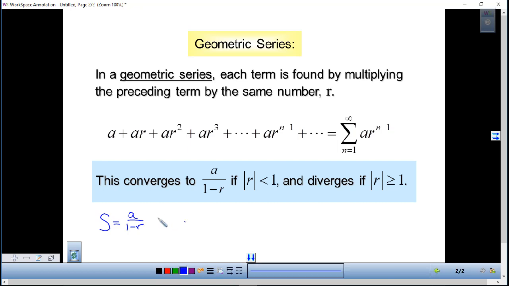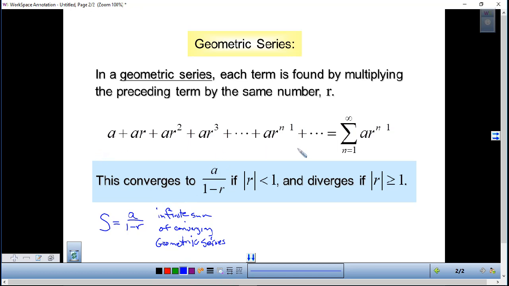So this is the sum. Well, let me go ahead and put infinite sum of a converging geometric series. So if they ask you to find what this thing approaches, then that's the formula you're going to use right there.